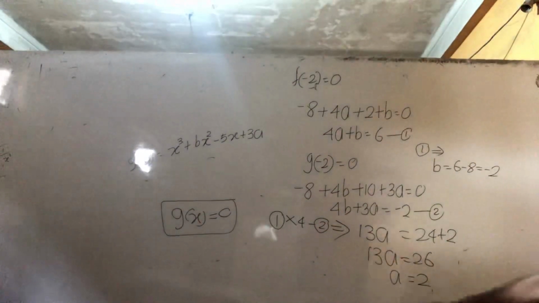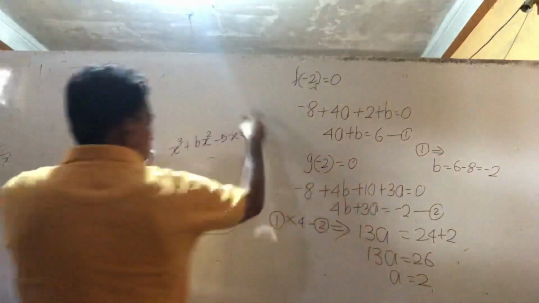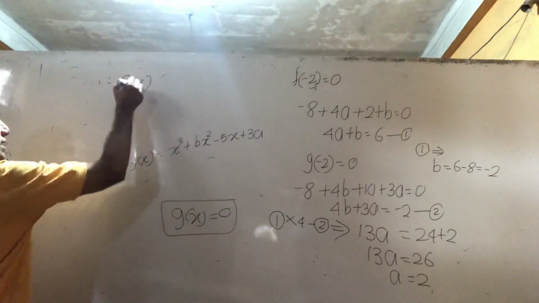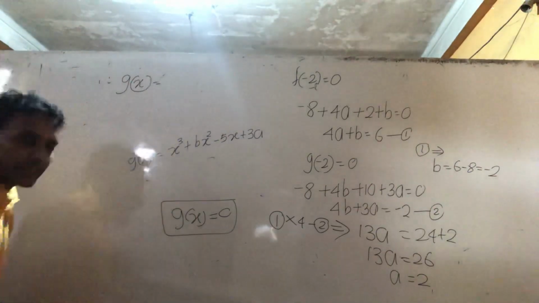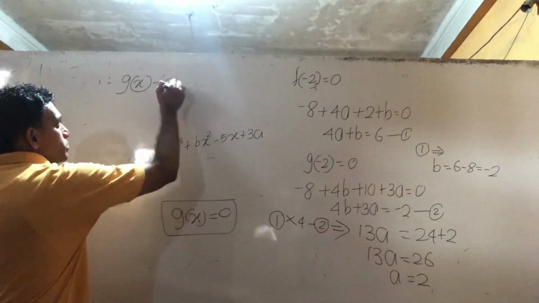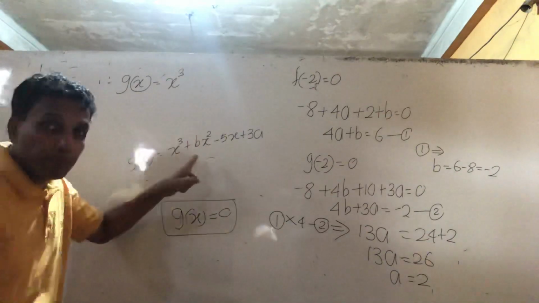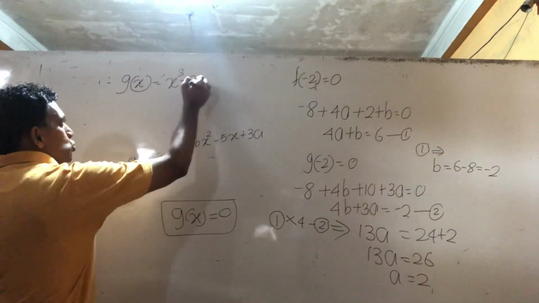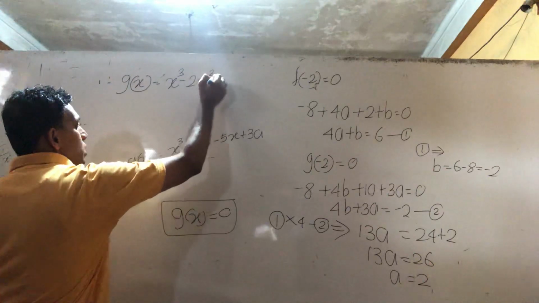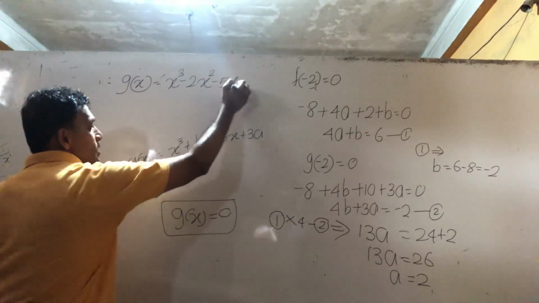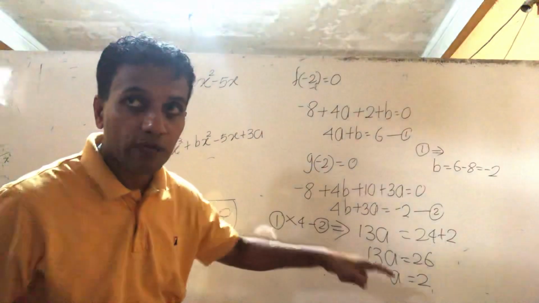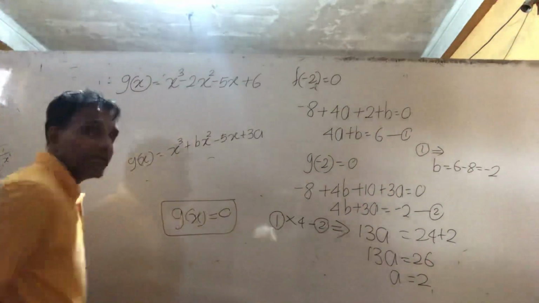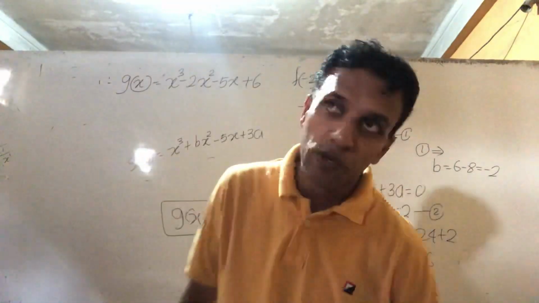After finding the a, b values, what is g(x) therefore? g(x) equals x cube plus bx square, b is minus 2, then minus 2x square, minus 5x plus 3a. a is 2, therefore 3a is 6. This is your g(x) polynomial, a cubic polynomial, right?